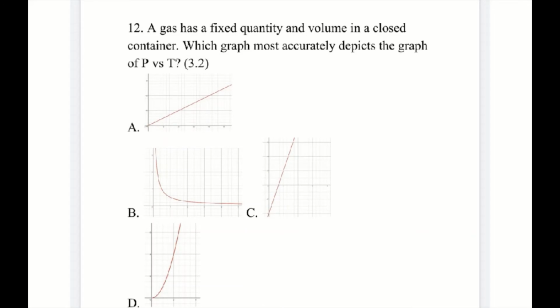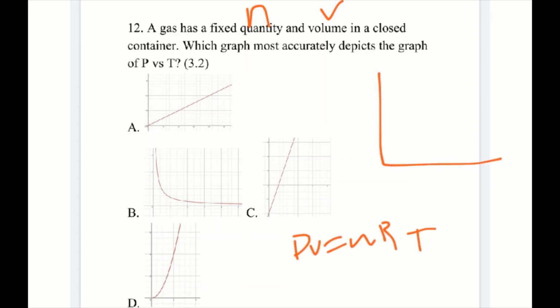Number 12, a gas has a fixed quantity and volume in a closed container, so constant moles and constant volume. Which graph depicts pressure versus temperature? Well, let's think about this. PV equals nRT, and we have to move the variables to the left and the constants to the right. So P over T is equal to nR over V, and all this is constant.